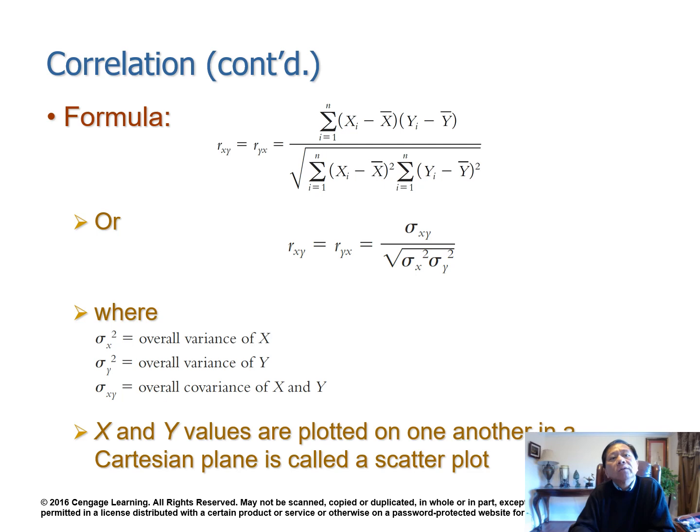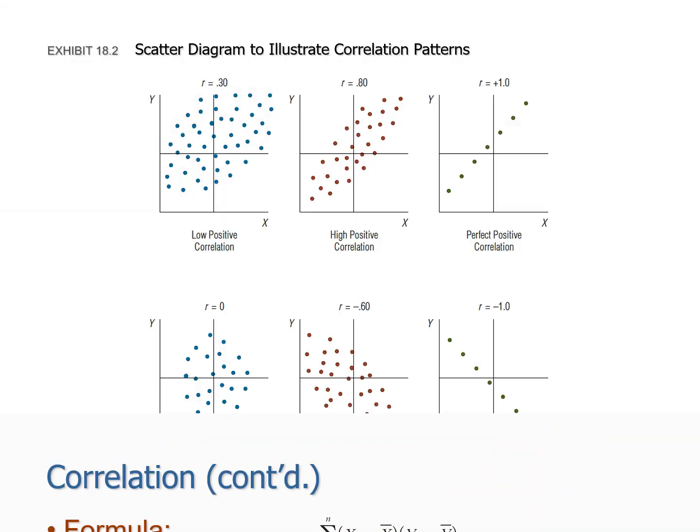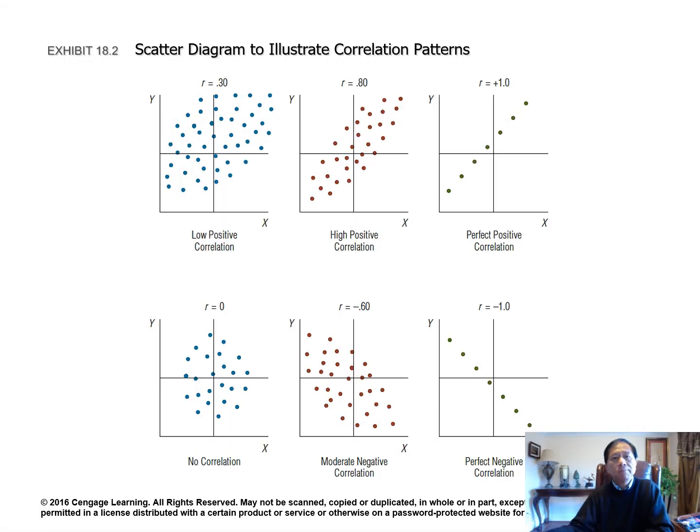When x and y values are plotted against one another in the Cartesian plane, it is called a scatter plot. In this scatter plot, you can see in this case r is 0.30. So it's a positive relationship, but it's not very strong. It's only 0.3. And this one is positive, but r equals 0.8.